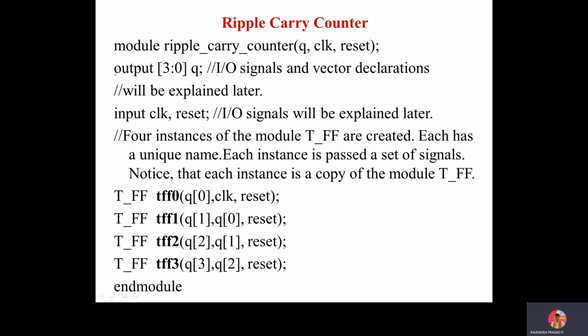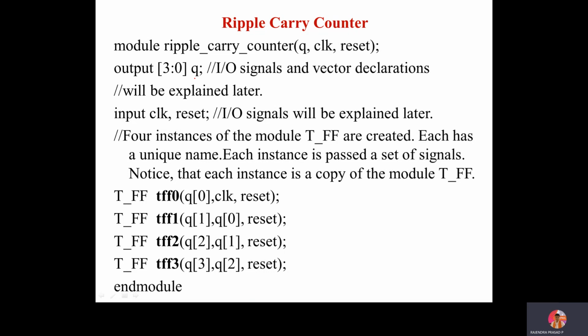So you can see I have written output [3:0] Q. It is a vector of 4-bit value ranging from 0 to 3. In the earlier figure, the design methodology, we observed Q0, Q1, Q2, and Q3, so it should be declared as a vector.